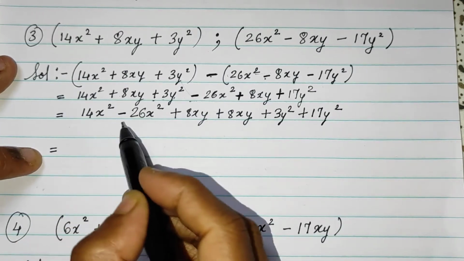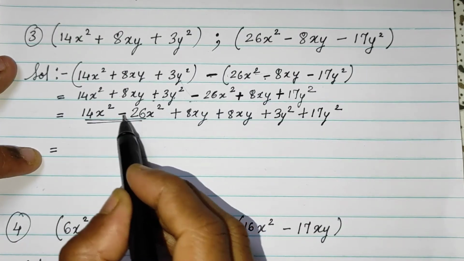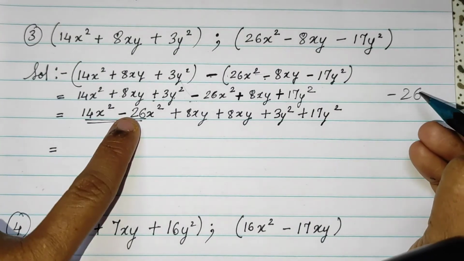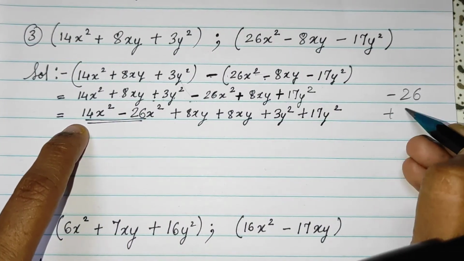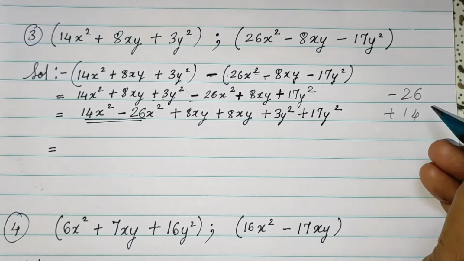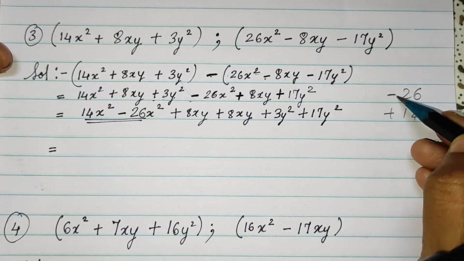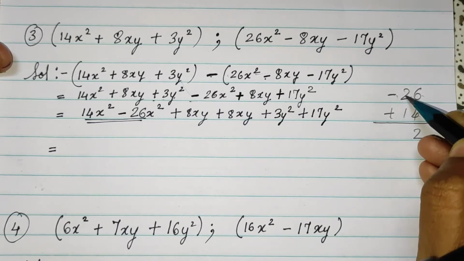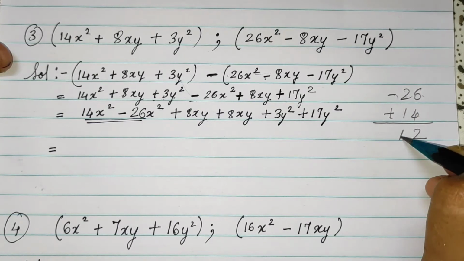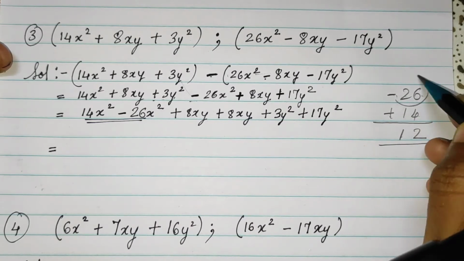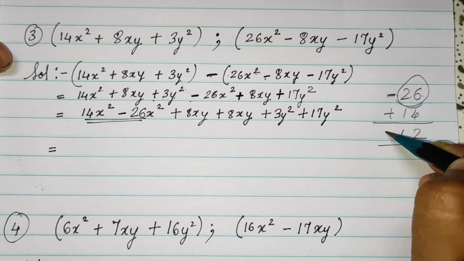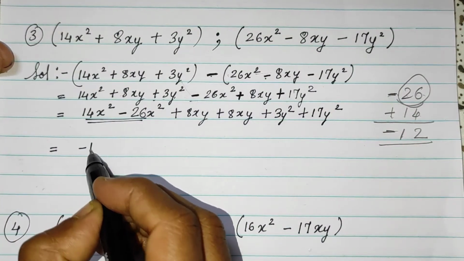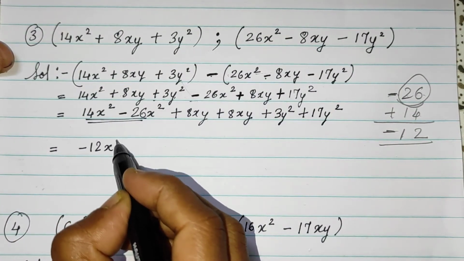So your final answer, this term, see, minus 26 and plus 14, no sign means plus. So minus plus minus, 6 minus 4, 2, 2 minus 1, 1. The greater number is 26, it has a minus sign, minus 12. So here you have minus 12.